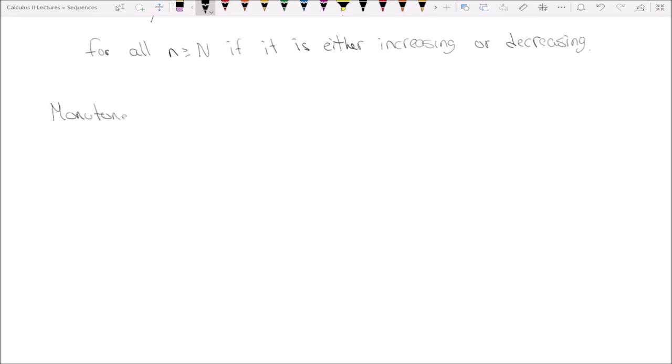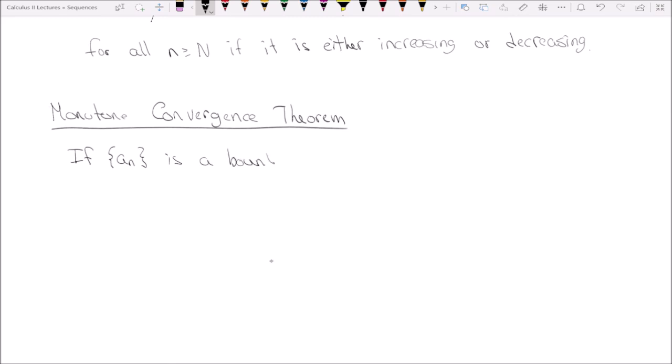One of the most important theorems from the study of sequences is called the monotone convergence theorem. And it says if the sequence a sub n is a bounded monotonic sequence, then the sequence a sub n converges.